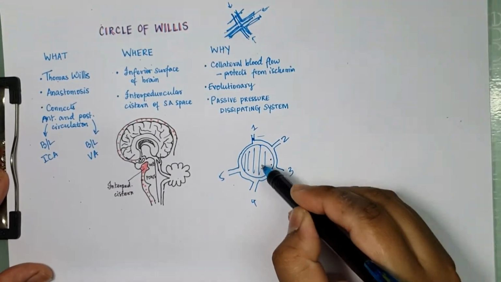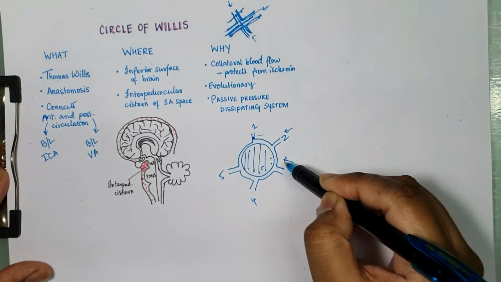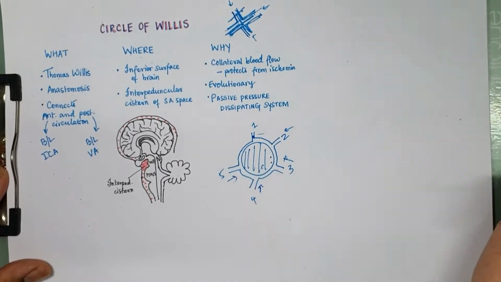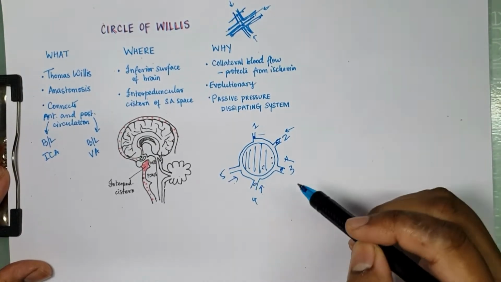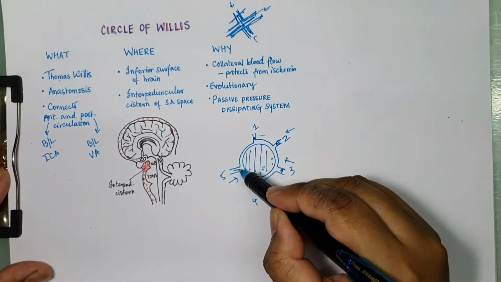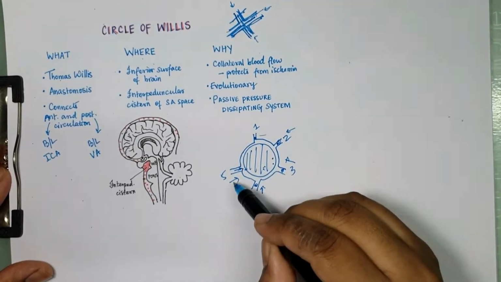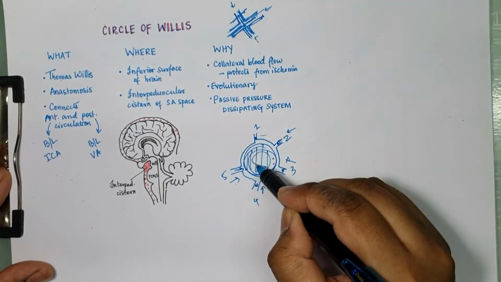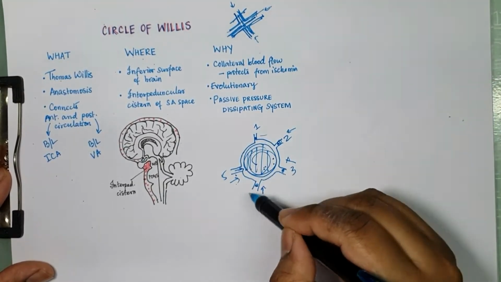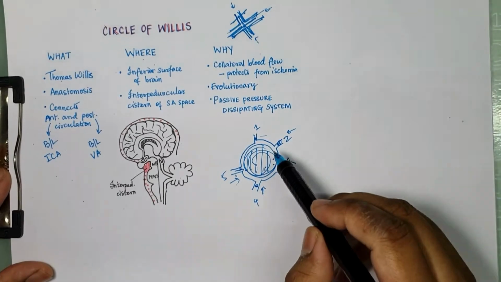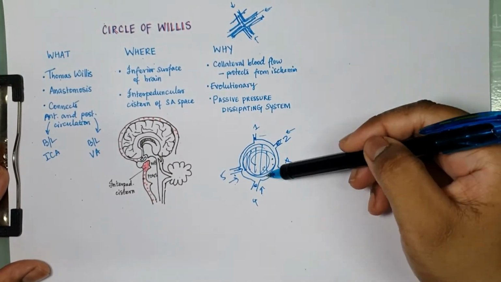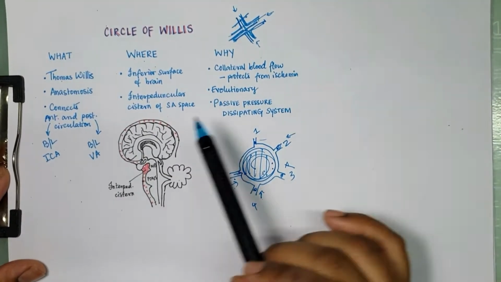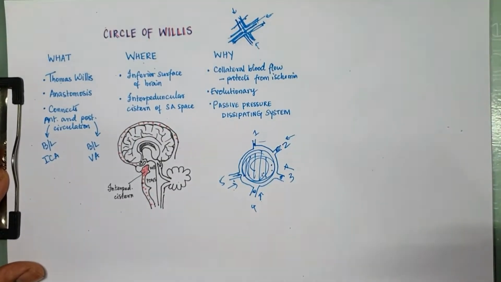Blood will reach this area through 2, 3, 4 and through 5. Or if there's a block in 2 or 3 or 4, still the blood is going to come here through 5. For the blood to be stopped, all of these vessels have to be blocked. So the anastomosis provides a collateral blood flow. It protects that area from ischemia, the same purpose that the circle of Willis serves in the brain.